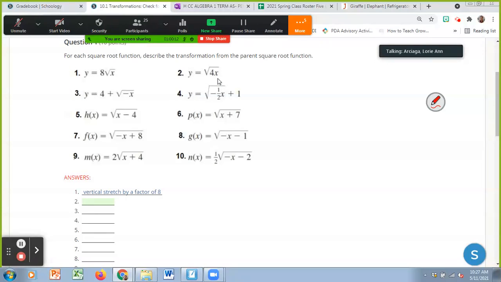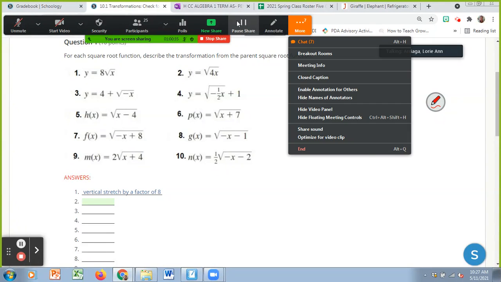Okay, number 2. Is that horizontal or vertical? Horizontal! Very good. So remember, if it's horizontal, it goes the opposite effect, yeah? So then what is that? Stretch or shrink? Shrink! Very good. So horizontal shrink.